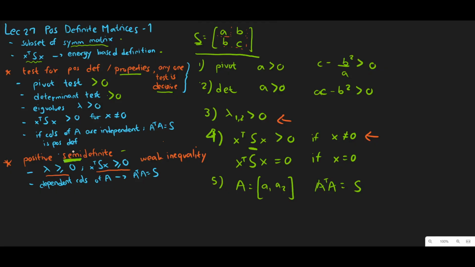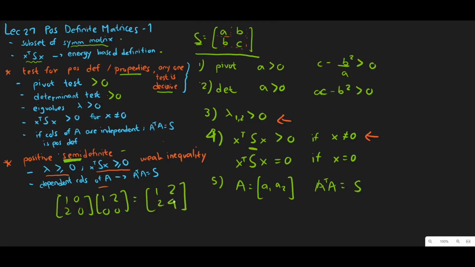One other property is that if A has dependent columns, then A transpose A will be positive semi-definite. A quick example also mentioned in the book is the matrix 1, 2, 2, 4.